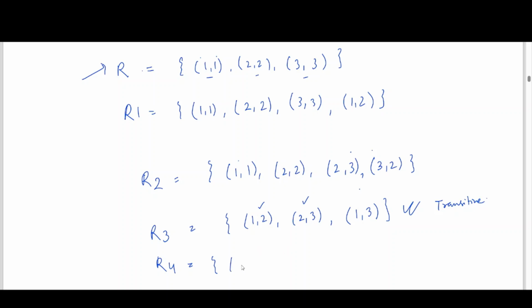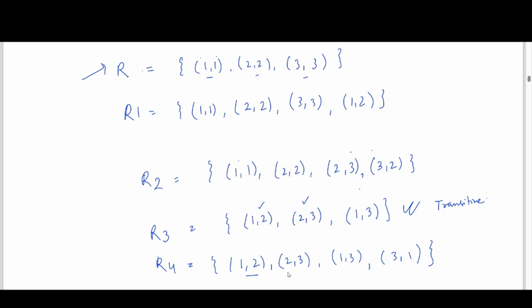Now we see that we have another relation with 1 2, 2 3, and suppose 1 3 is present. But suppose we also have 3 1 in this relation.